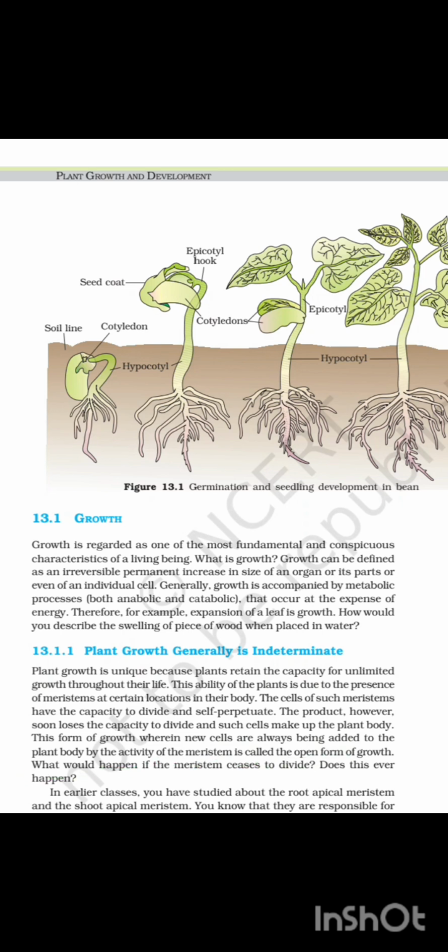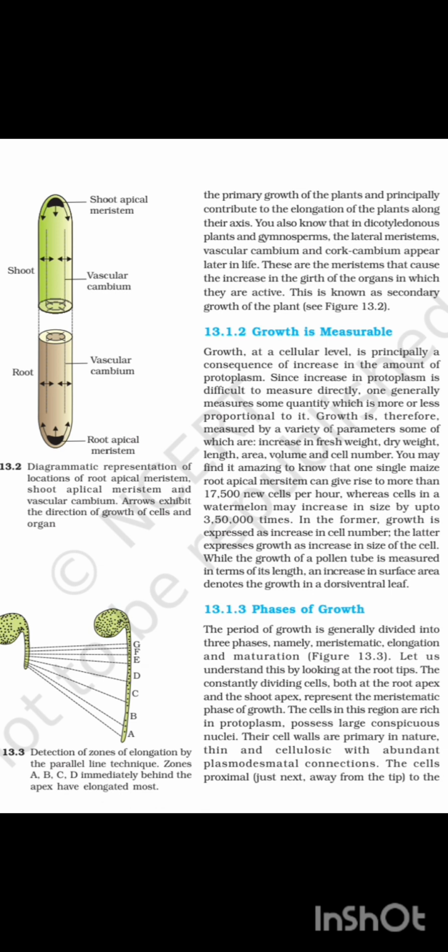What would happen if the meristem ceases to divide? Does this ever happen? In earlier classes, you have studied about the root apical meristem and shoot apical meristem. You know that they are responsible for the primary growth of the plant and principally contribute to the elongation of plants along their axis. You know that in dicotyledonous plants and gymnosperms, the lateral meristems, vascular cambium and cork cambium, appear later in life.